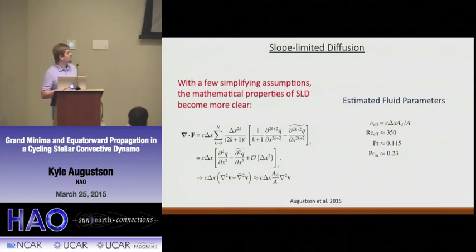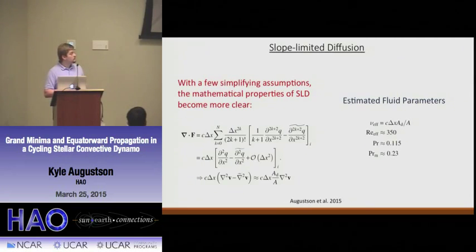Here you have effectively your filtered Laplacian and your full Laplacian, and their difference gives you what the slope-limited diffusion operator is roughly acting like with relatively smooth fields. In this case, AD is just the area of the downflows, and A is the total area. Taking the ratio of those two things gives you an effective viscosity multiplied by this diffusion speed and the grid spacing. So this is, of course, much like OILEG and other slope-limited diffusions, you have a grid-dependent diffusion.